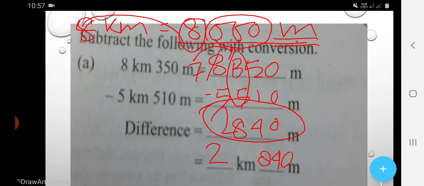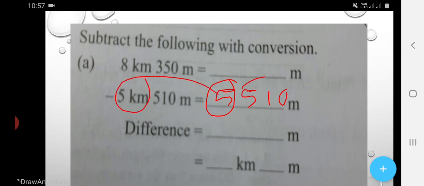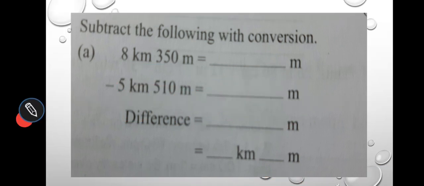In the same way, in 5,510, the digit in the thousand place is 5, so it comes under kilometer and the remaining 3 digits come under meter. This is just a trick to solve this in a single step. I think this is clear to everybody.